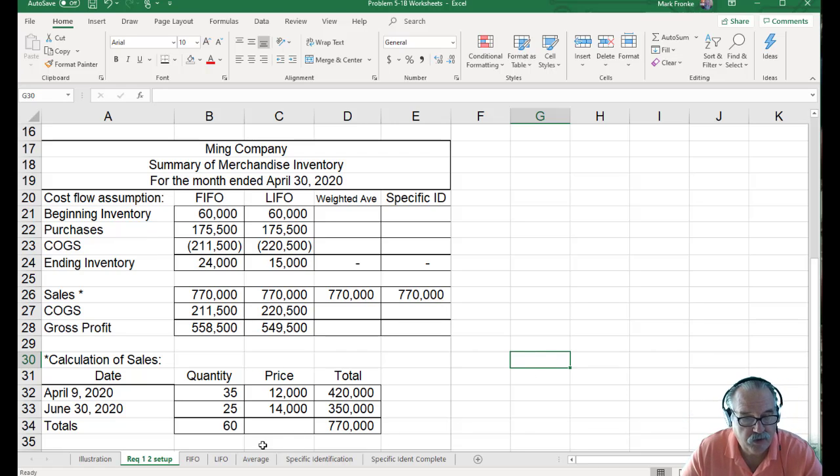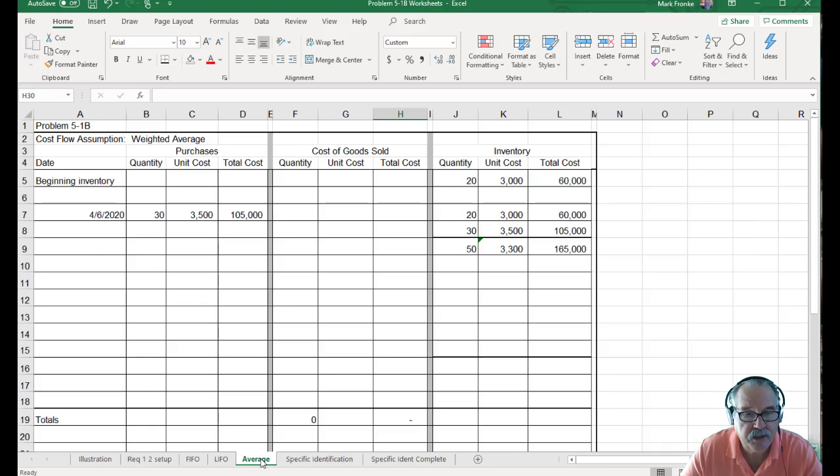Weighted average. What's going to happen here is we're going to calculate an average every time we buy more. So in this case, same facts to start with, but what I'm going to do is calculate the average.